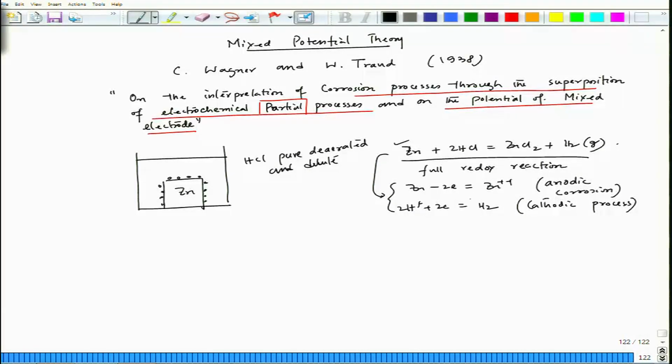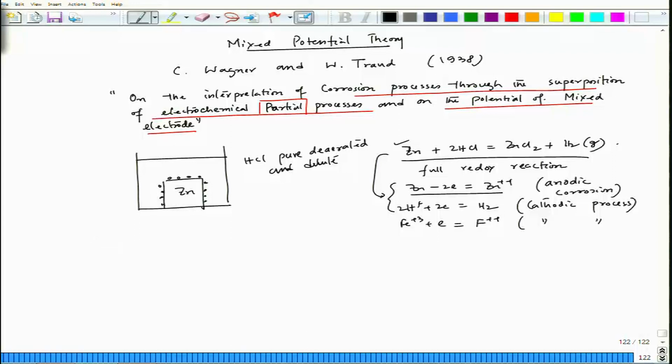Now, if we have ferric ions, then of course there could be one more reduction process, which is Fe3+ + 1 electron going to Fe2+. So, this is another cathodic process. The anodic process is the corrosion event. It is a single corrosion event, but the entire process has been divided into 3 partial reactions, 1 anodic and 2 cathodic.